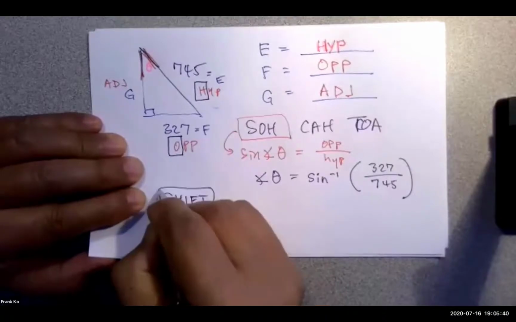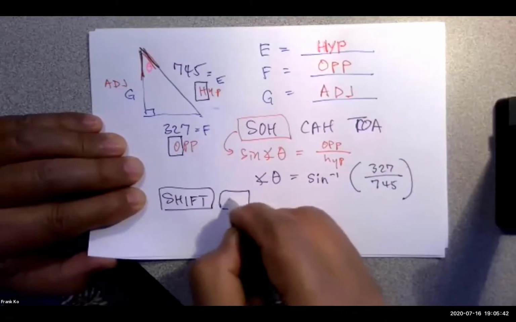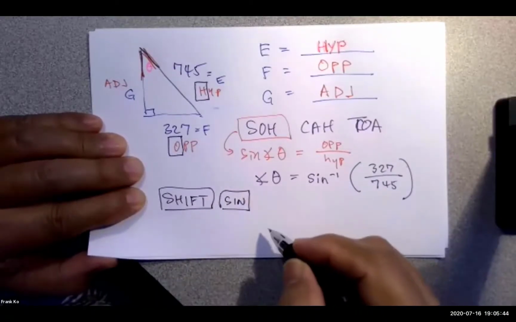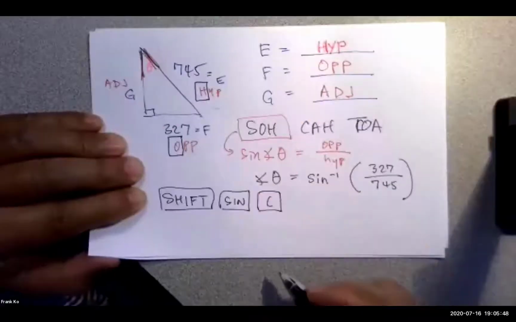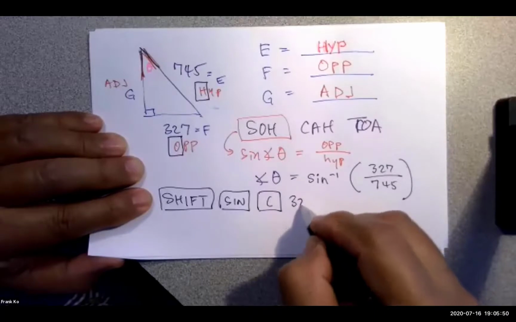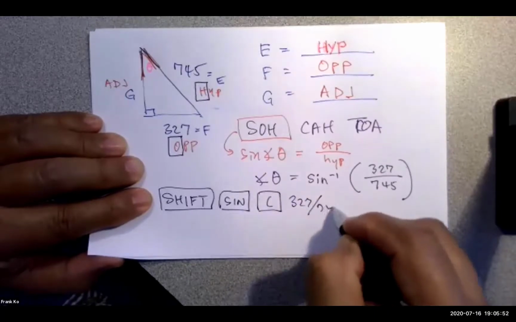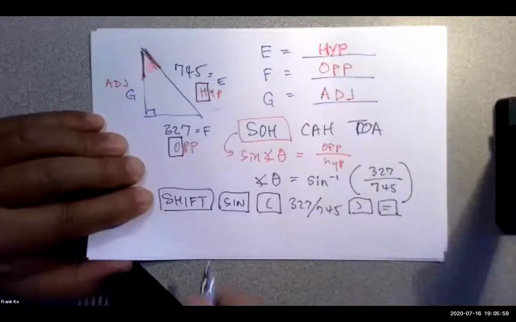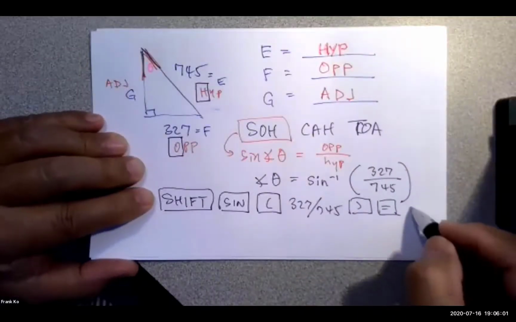Then sine, which is identified by three letters. Then open parentheses, 327 divided by 745, close parentheses, Enter, and then engineering, yes.